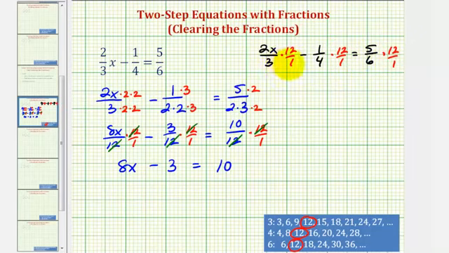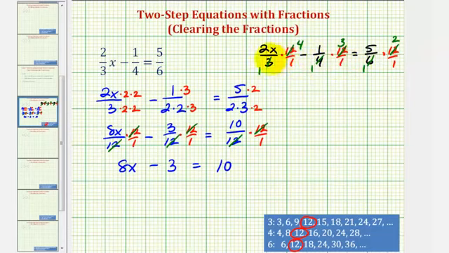Before we multiply, we have to simplify each of these. 3 and 12 share a common factor of 3. There's 1 3 and 3, and 4 3s and 12. 4 and 12 share a common factor of 4. This simplifies to 1. This simplifies to 3. And 6 and 12 simplify. There's 1 6 and 6, and 2 6s and 12.